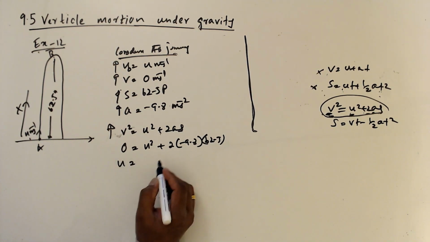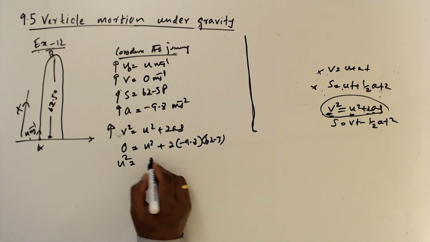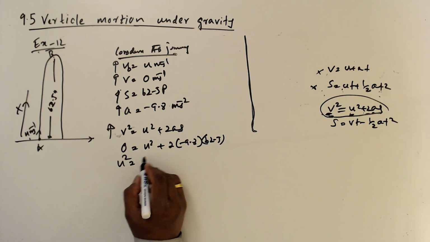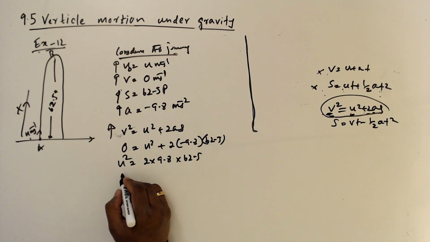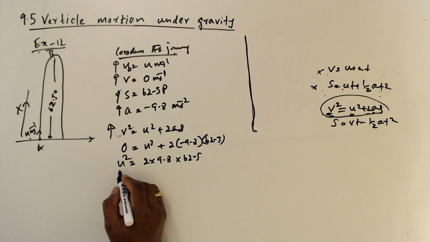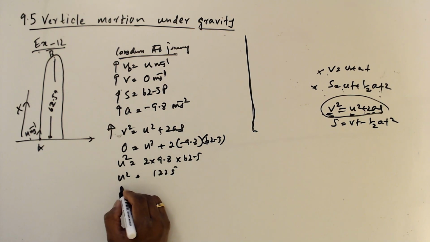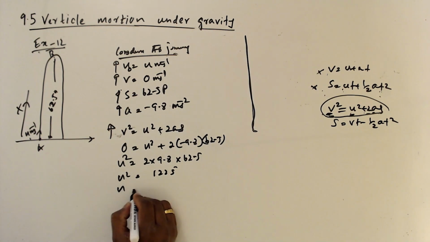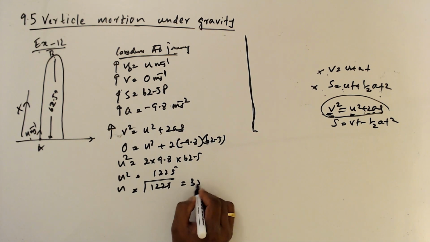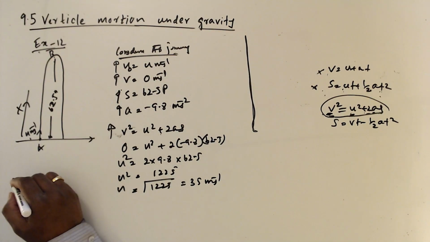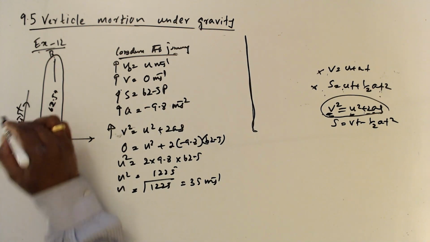So U square equals, I'll bring everything to the other side, 2 times 9.8 times 62.5. So U square equals 1225 from the book, and you will get U. 1225, that is 35 m/s. Now we have a good data. This U value is 35 m/s.